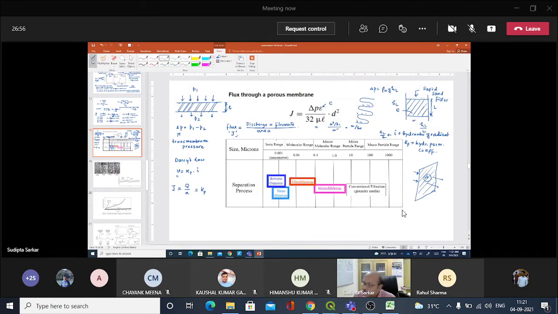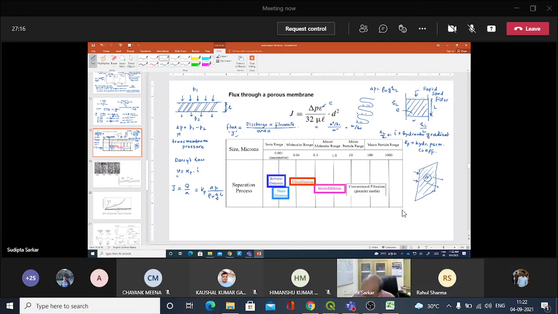So with this we can write this as delta P divided by rho G L. Okay, because we are talking about over this length L, and this is how we can write this.